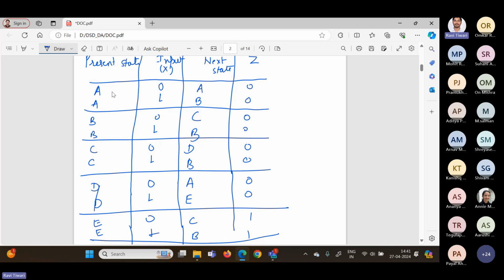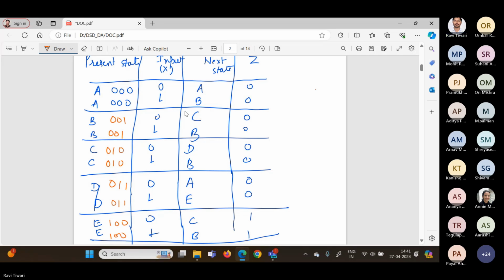So that's why I'm taking A as 0 0 0, B as 0 0 1, C as 0 1 0, D as 0 1 1, and E as 1 0 0.